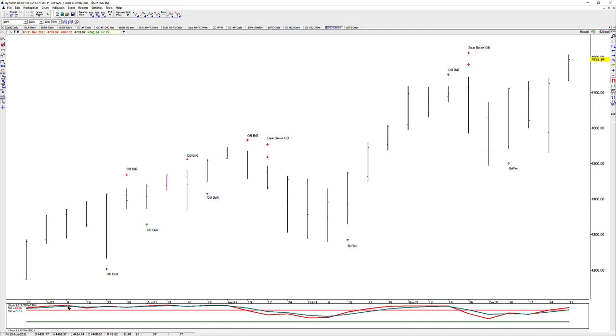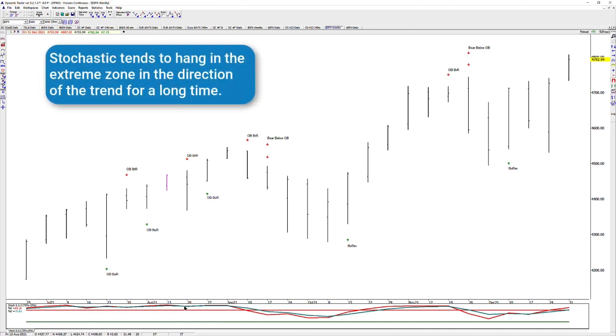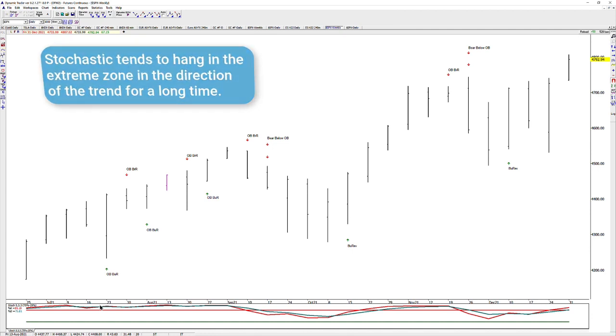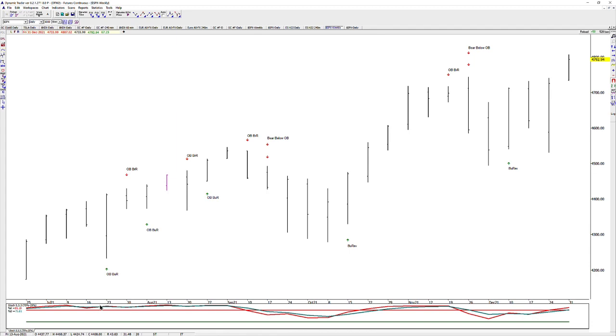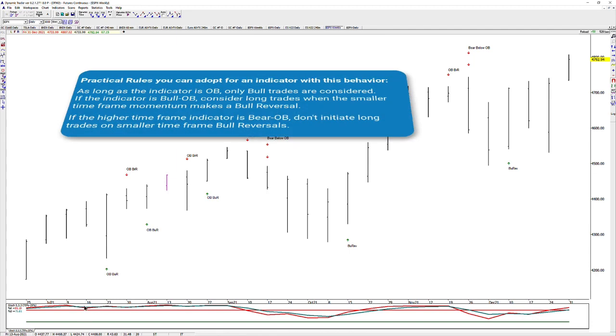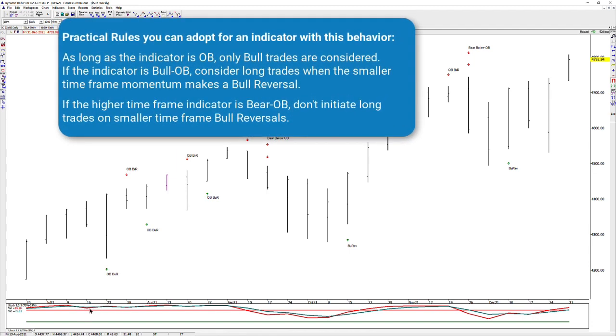So the basic rule for stochastic is that if the indicator is in the overbought zone, it's not a time to look to sell the market as long as it's in the overbought zone. And each time that it makes a bull reversal while in the overbought zone, like it did here, that's another setup to consider long.